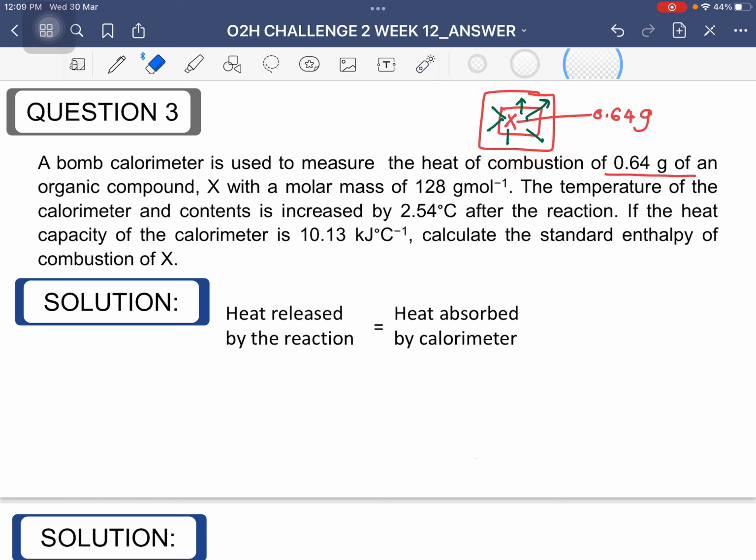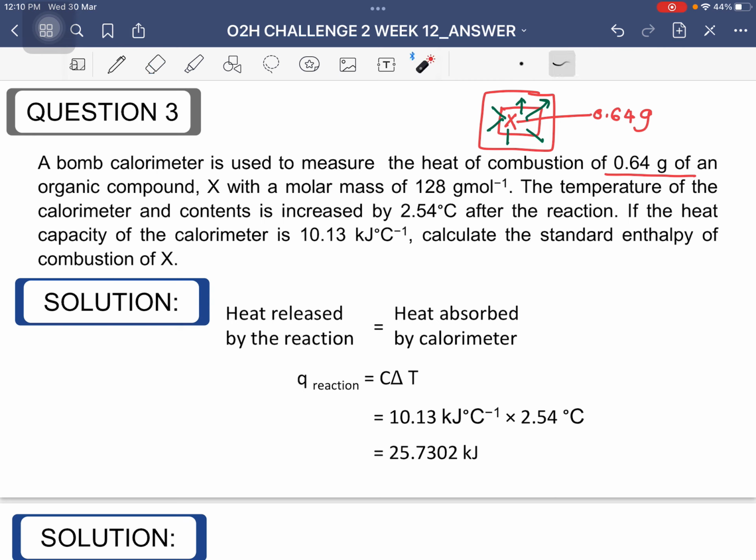Okay, macam mana kita nak calculate the enthalpy of combustion of X? So first kita kena tengok formula dia kalau absorbed by calorimeter is C delta T. So masukkan dalam formula C delta T, the temperature change is 2.54, and then dia punya heat capacity calorimeter 10.13 kJ per degree Celsius. So finally heat of reaction is 25.7302.